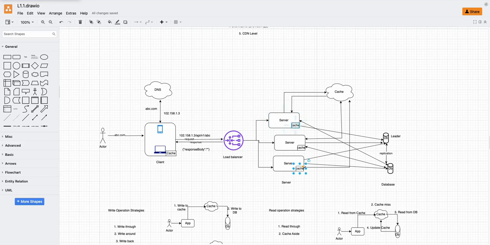So you introduce that cache at the app level or the service level itself, where you keep that data until it is valid. For example, I have a token which I don't want to fetch again and again. Token can be a bad example, but that token I can keep in the cache.